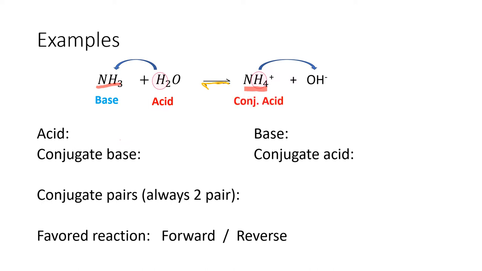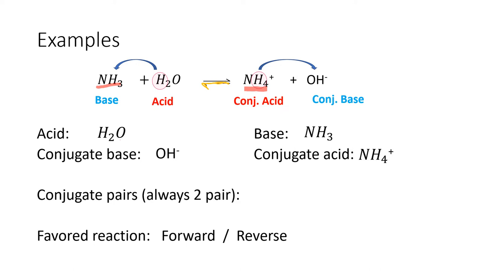So in this case, the ammonium is the acid or the conjugate acid. The conjugate acid will always be on what appears as the product side of the reaction. And therefore, my hydroxide is my conjugate base. So we can fill this in. The acid is water, the base is ammonia, the conjugate base is hydroxide, and the conjugate acid is the ammonium.